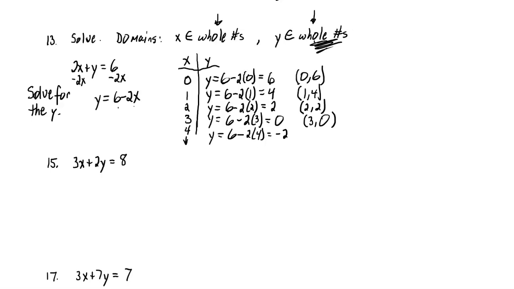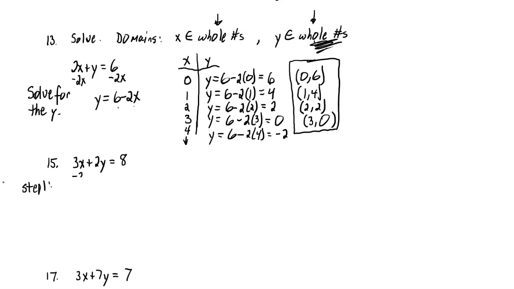And hopefully you notice that if we continued increasing the value of x, that's just going to make y another negative number. And so these 4 ordered pairs are our solutions to number 13. So check out how that was done. The first step was to solve for y.